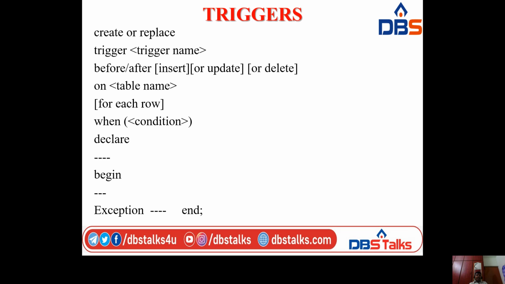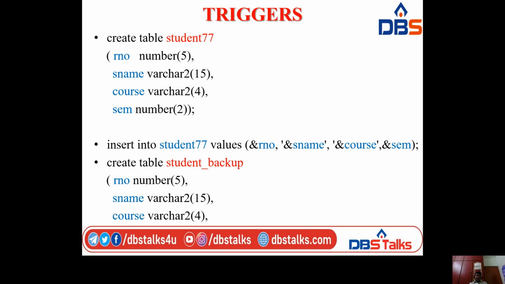Now here we are creating triggers: create or replace trigger, trigger name, before or after, insert or update or delete. That is the general form. On table name, for each row, when condition, declare some, begin, exception, and then end. Now this is an example. Create table student.